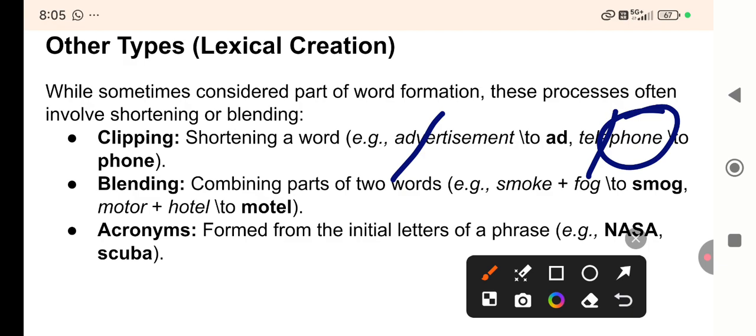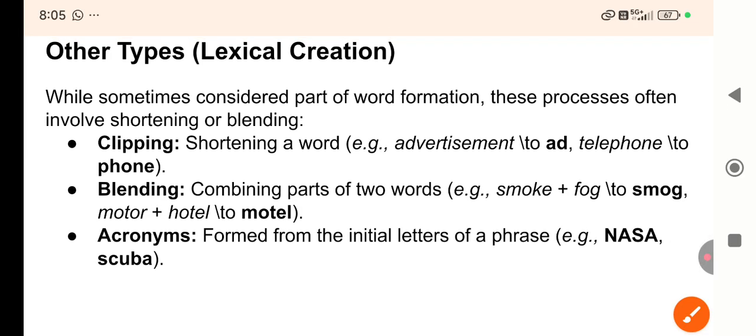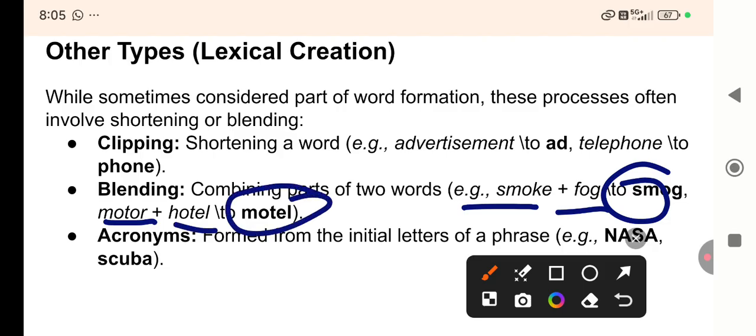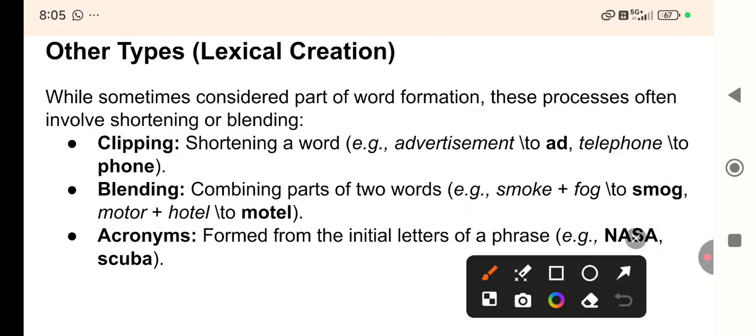Then blending, combining parts of two words. Smoke and fog make smog. Motor plus hotel, motel, right? That's a place near a petrol pump and all. For example, fantabulous, from fantastic and fabulous.